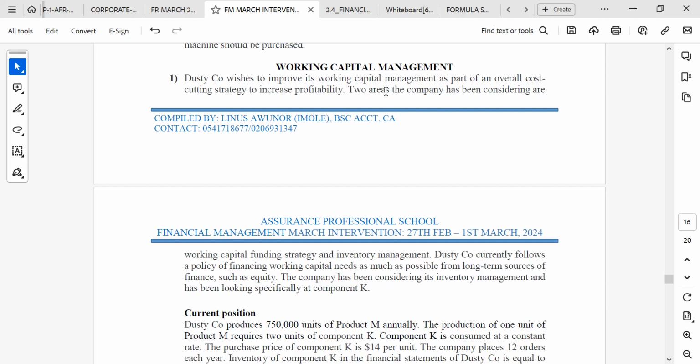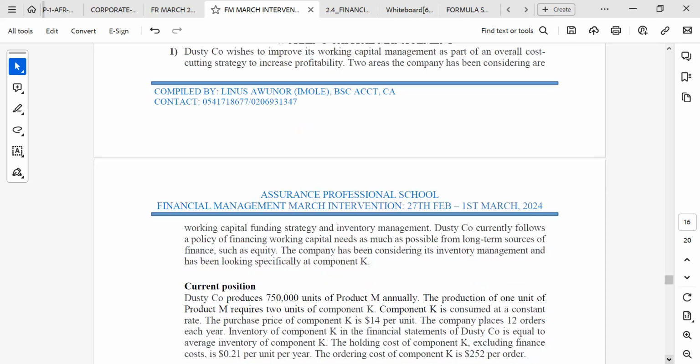The company has been considering its inventory management and has been looking specifically at component K. Current position. Dastico produces 750,000 units of product M annually. The production of 1 unit of product M requires 2 units of component K. Component K is consumed at a constant rate.